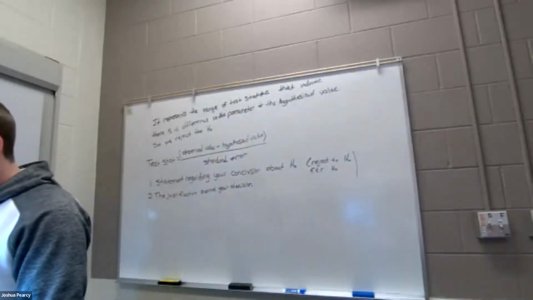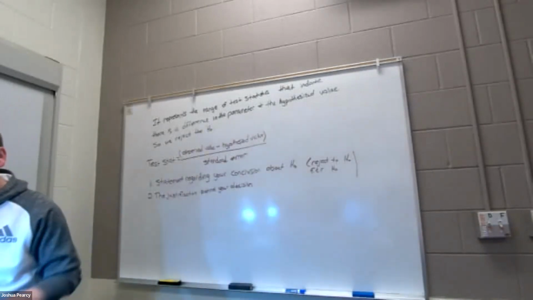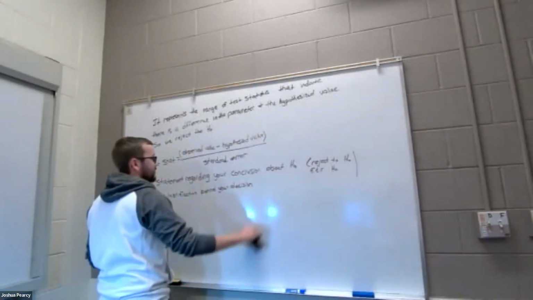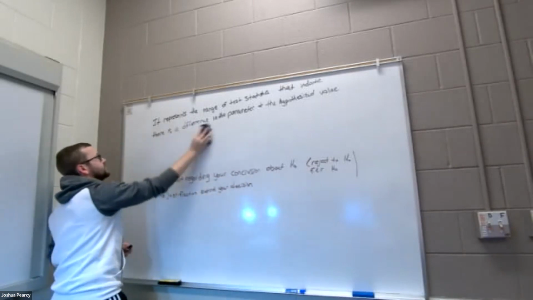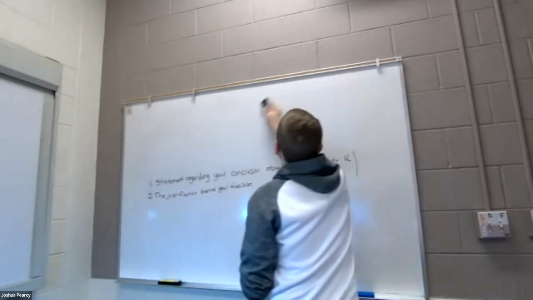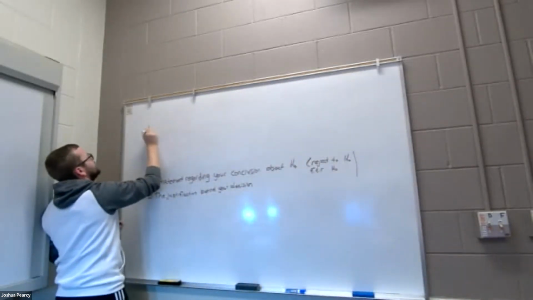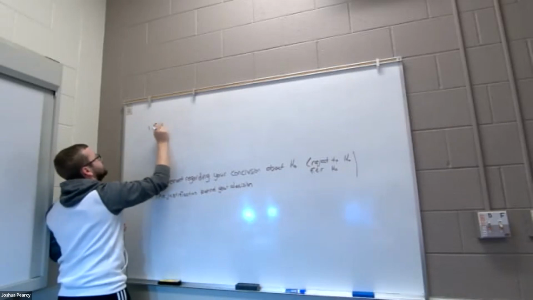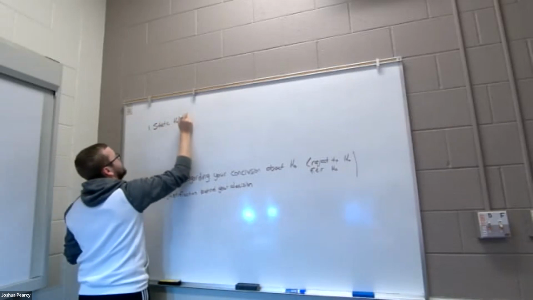First one, the traditional method. So the steps to perform a test for the hypothesis using the traditional method. So the first one, it's already said it there. State the null and the alternative. Number one. State H0 and H1.